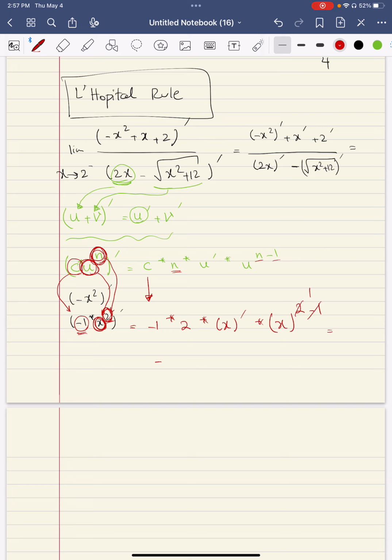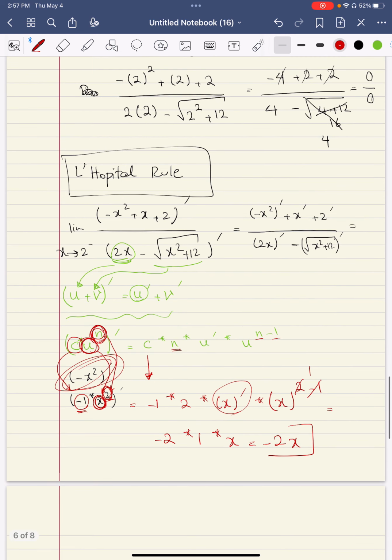So it will be negative 2 times x prime, which is 1, times x. So it will be negative 2x, right? So that is the answer for the derivative of negative x to the power of 2, for this part of the question. Then we have the derivative of x, which is equal to 1, and the derivative of a constant value is 0.